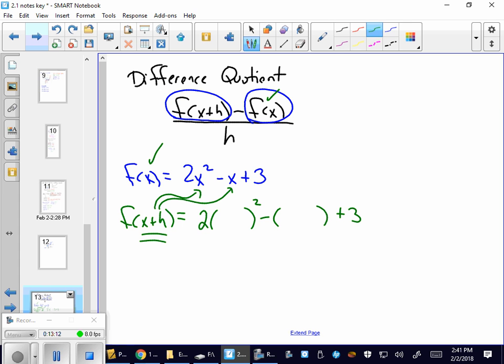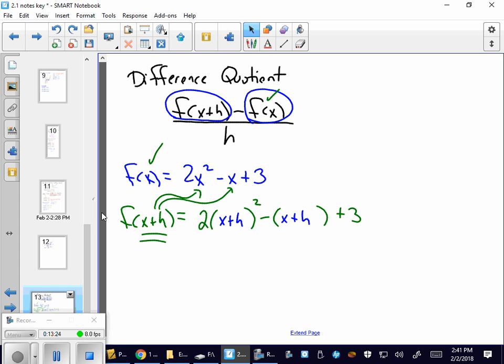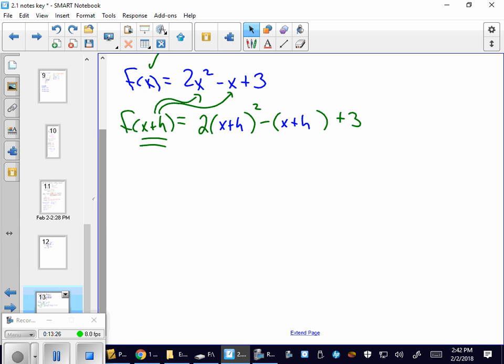What I am filling into those parentheses is x plus h. This is where it gets a little messy. In order for me to simplify this, I'm going to need to expand all of this stuff. I'm going to need to FOIL this guy, distribute the negative into here, because I got to get rid of all the parentheses to simplify it.